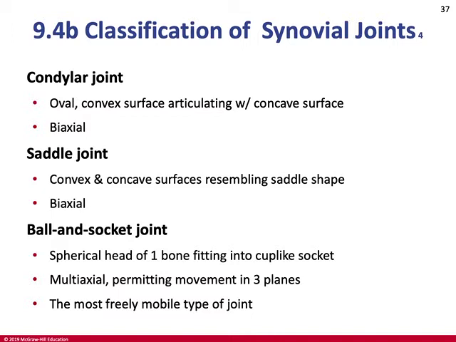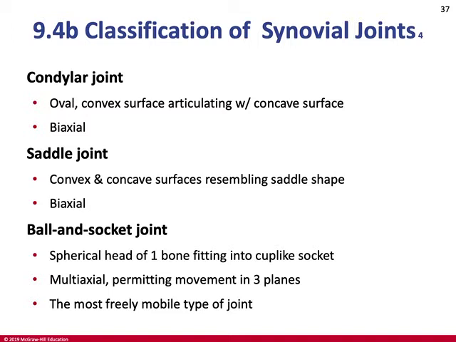And the saddle joint is a unique one, between the metacarpal under the thumb and the proximal phalange. This allows a movement called opposition, where the thumb can touch the tips of all the other fingers, and that allows us to write and use tools. Very important joint. Opposable thumbs.